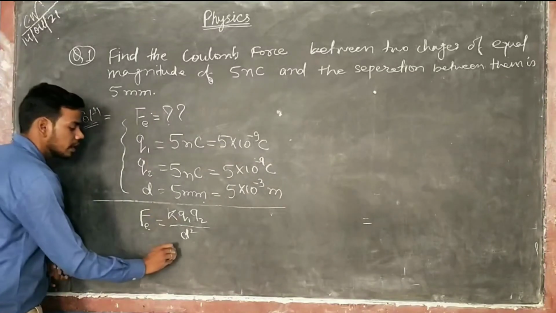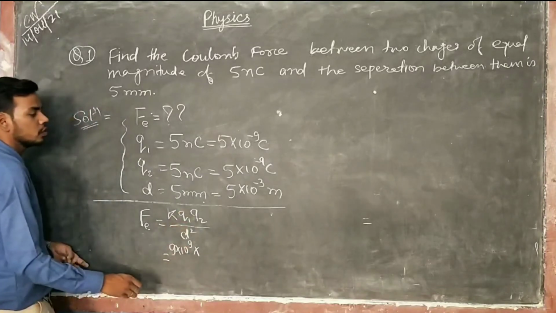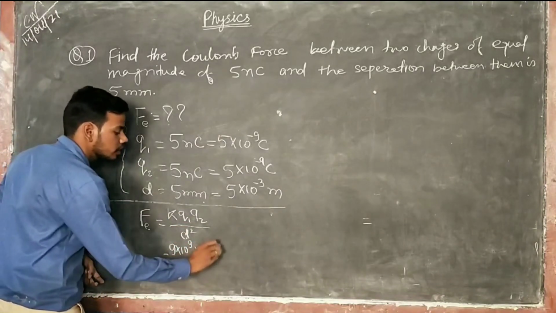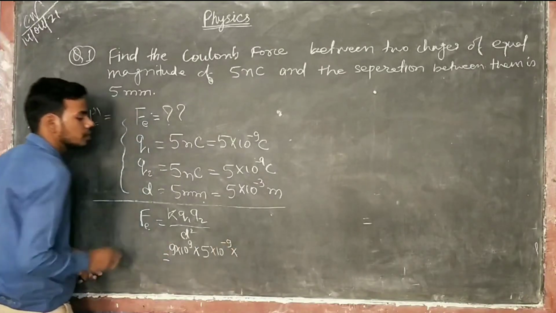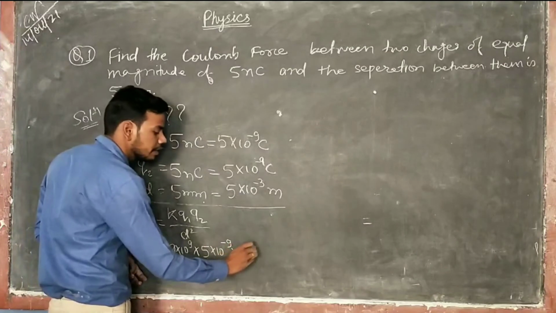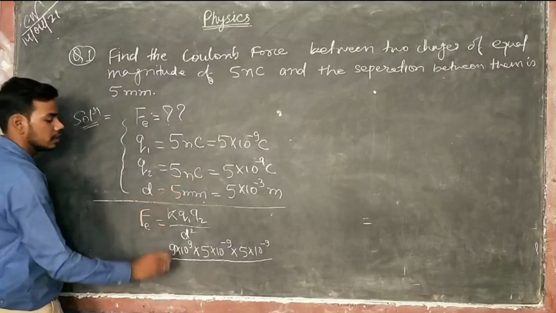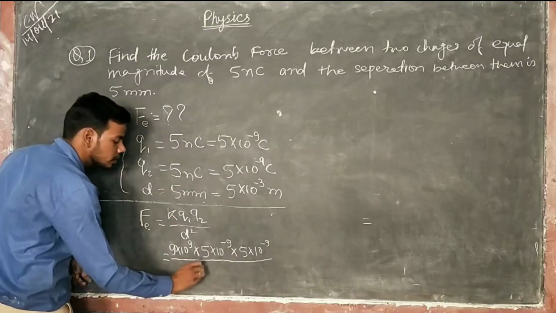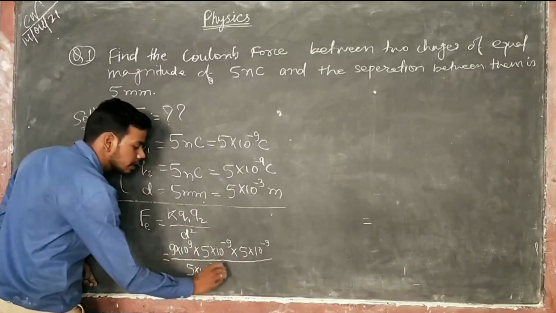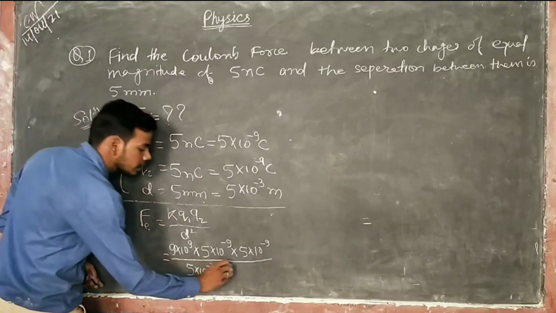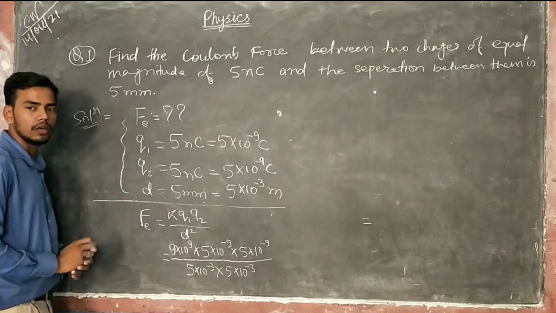So putting the value of K, 9 into 10 to the power 9, putting the value of Q1, 5 into 10 to the power minus 9, putting the value of Q2, again 5 into 10 to the power minus 9, and putting the value of distance, 5 into 10 to the power minus 3, and because the square of the distance is in the denominator, we will repeat it again, 5 into 10 to the power minus 3. Okay, guys.